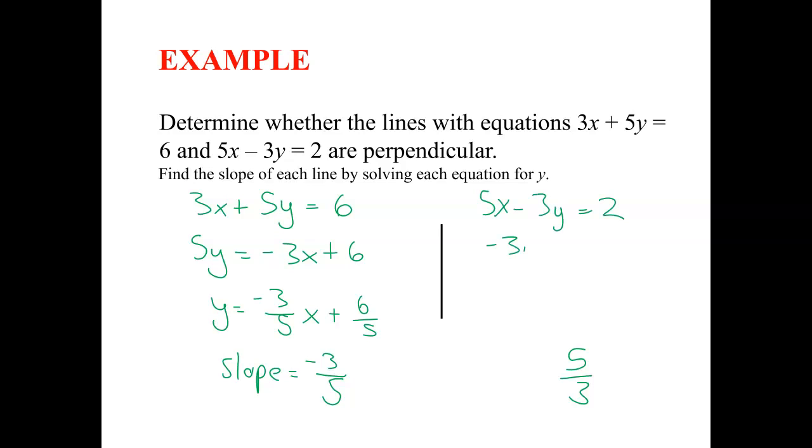We'll subtract 5x. Divide by -3. Perpendicular lines have opposite reciprocal slopes.